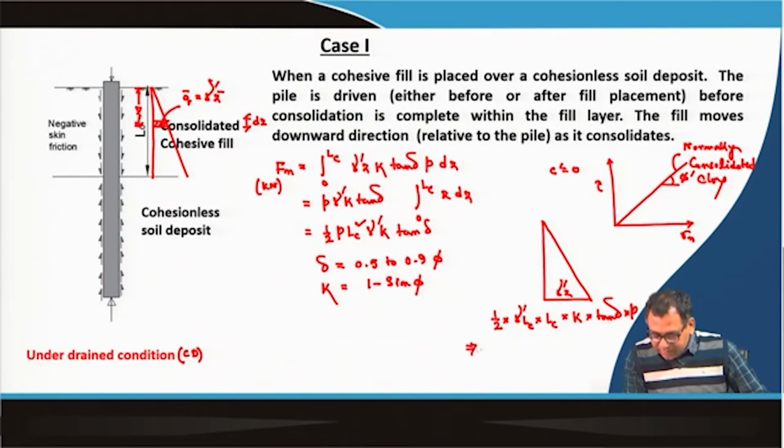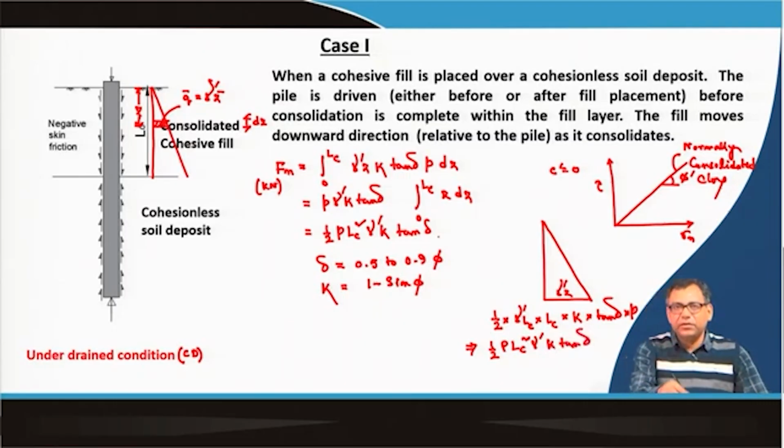So the same thing we will get, that is half perimeter L_C square gamma dash K tan delta. The same thing we are getting by doing the integration.